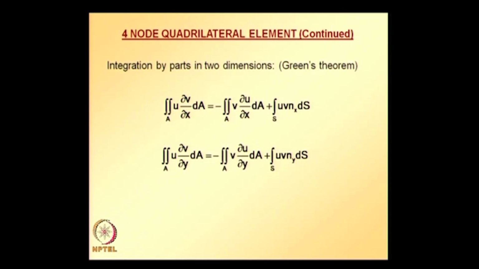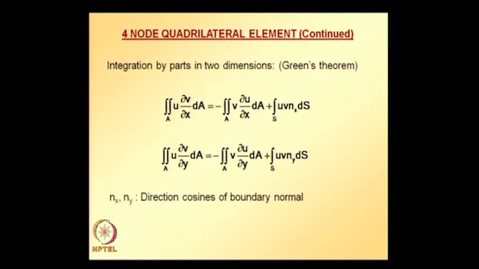Similarly, there is the second equation. These are the 2 equations that we get using Green's theorem, and we will be using these 2 formulas to simplify the previous equation further. Here n_x and n_y are the direction cosines of the boundary normal.